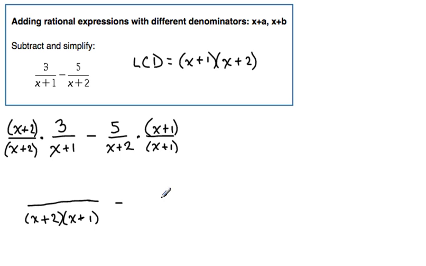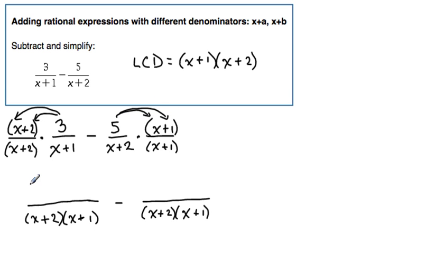So I'm going to just go ahead and write those. And we are not going to do FOIL or anything like that. We'll leave them just the way they are for the time being. Now, with the 3, we're going to have to distribute. And the 5, we're also going to have to distribute.